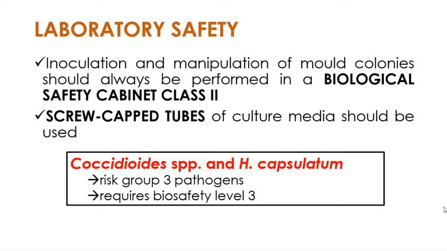So, di ba, ano yung mga recommended ba? When we're talking of biosafety practices in the laboratory, lahat ng gamit mo dapat would be able to cater to that. Di ba? So that recommended kasi is the use of screw cap tubes. Ang inaano kasi dito ng screw cap tubes is that it will eliminate the accidental release of spores.